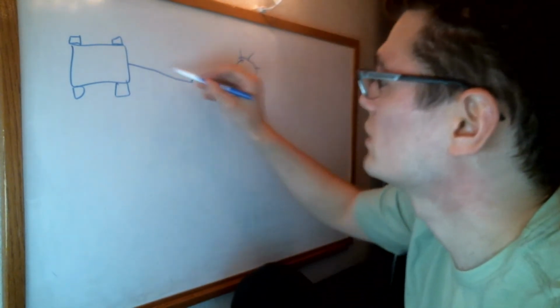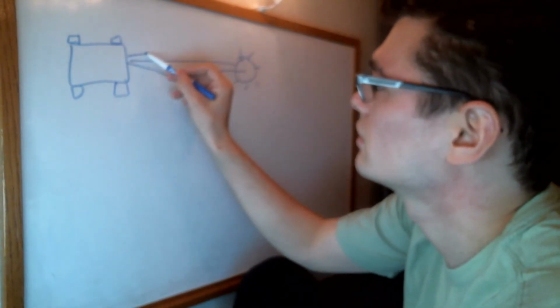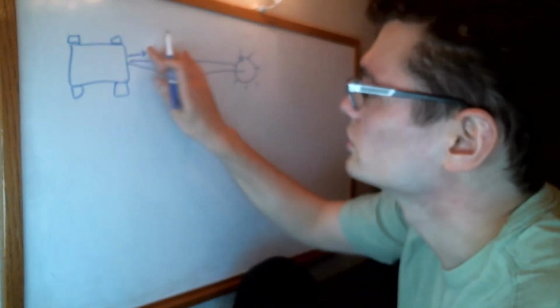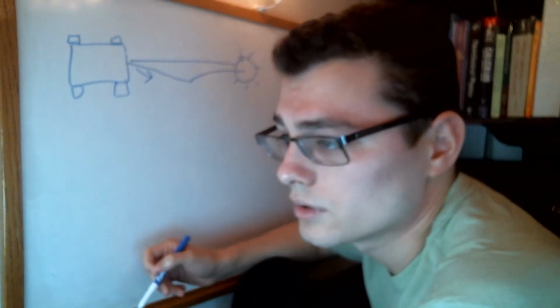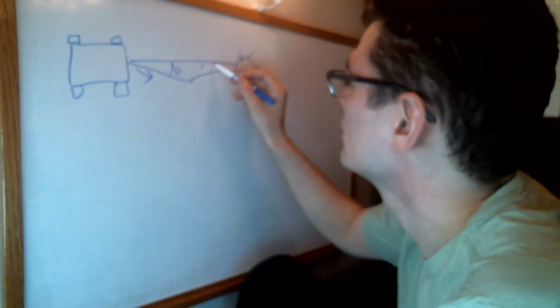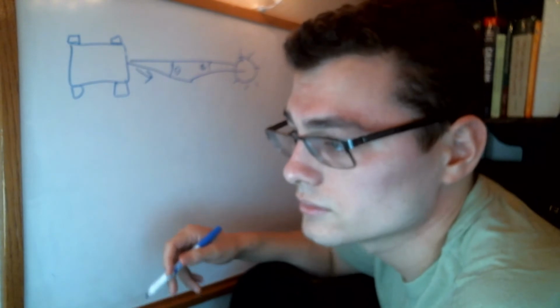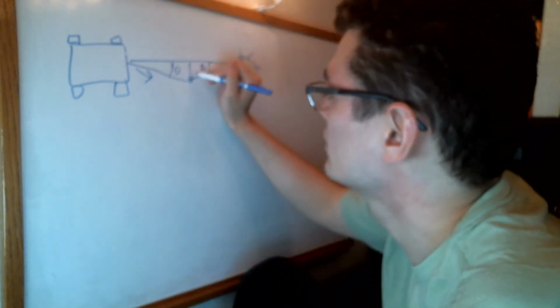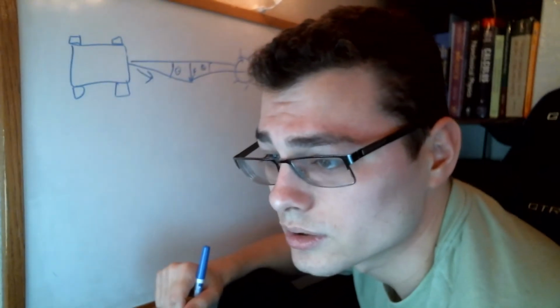So first we have this tension force here, which is going to be applied in the direction of the rope, and we have angles theta here and theta here, and we have this F here pointing in that direction.